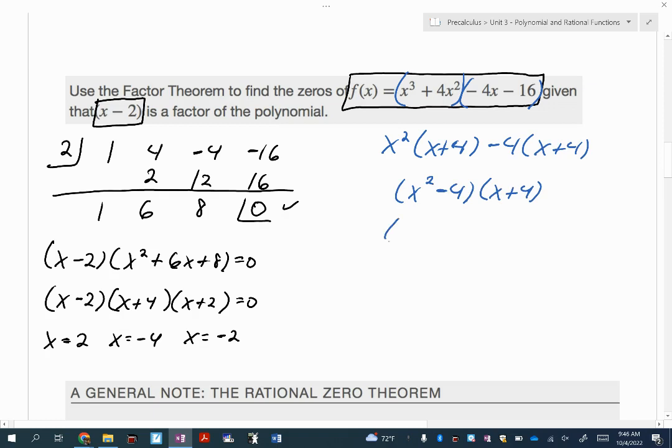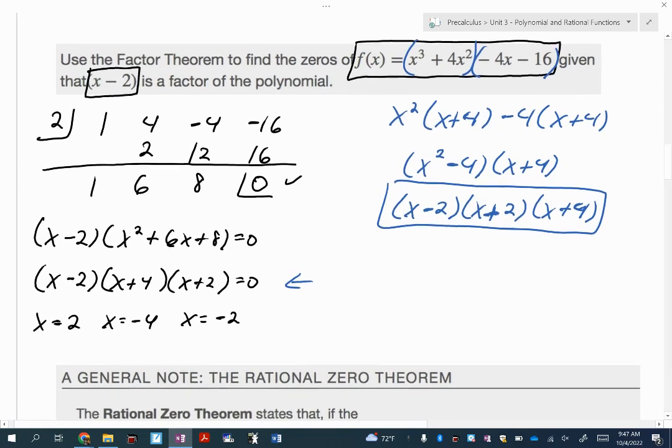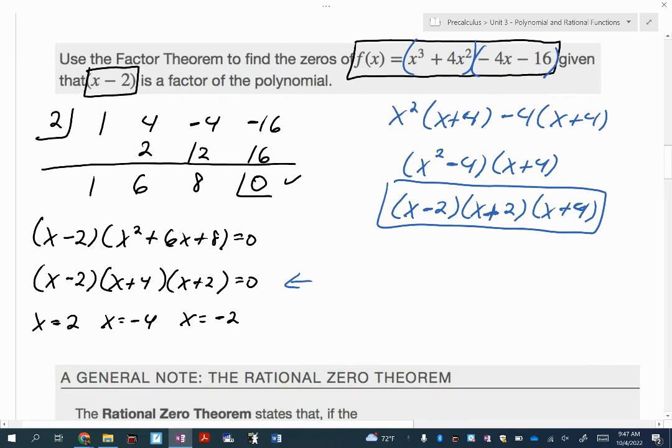That's going to be a difference of squares, so x minus 2 times x plus 2. And if you compare this to what we got when we fully factored, you end up getting the same factors. So I always try to tell students that I'm teaching you how to do these steps as a way to go about this if you cannot use factoring, which I view as the first thing you should try, or one of the first things you should try. So just letting you know, I don't want you to forget the stuff that we've already talked about.